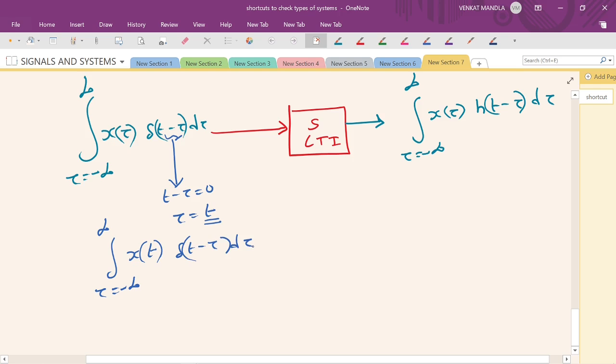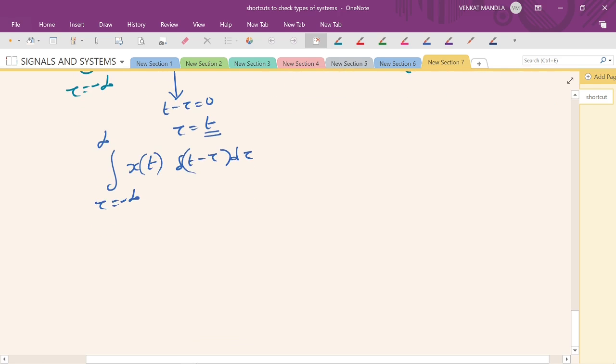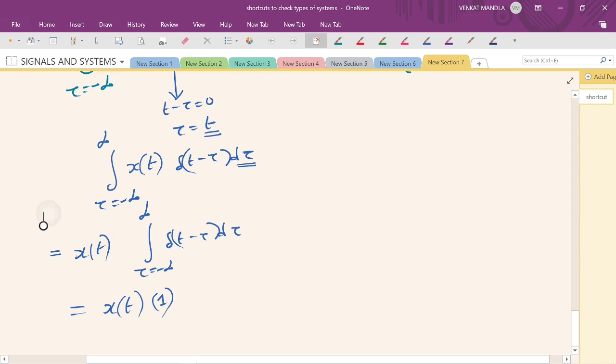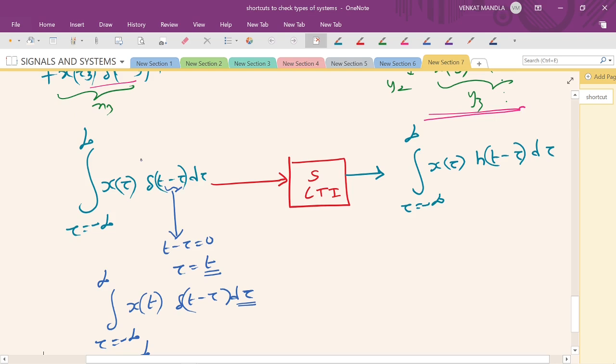This is the property. And x of t is constant with respect to tau, so the integral of delta of t minus tau d tau, the area under the impulse signal, is 1. So this is nothing but x of t.